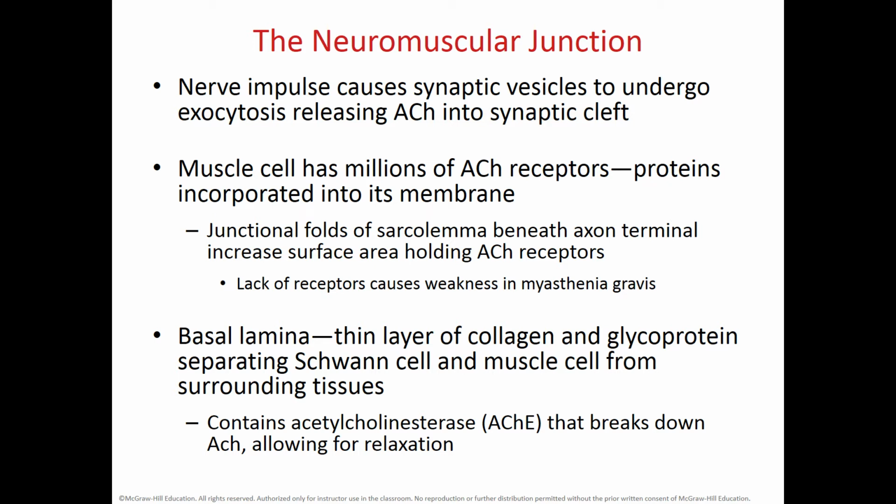When this action potential reaches the ending of the motor neuron, the axon terminal, acetylcholine is released into the synaptic cleft by exocytosis of the synaptic vesicles. Acetylcholine then binds to the cation channel receptors in the motor end plate, which are the nicotinic acetylcholine receptors, and sodium ions rush into the sarcoplasm.